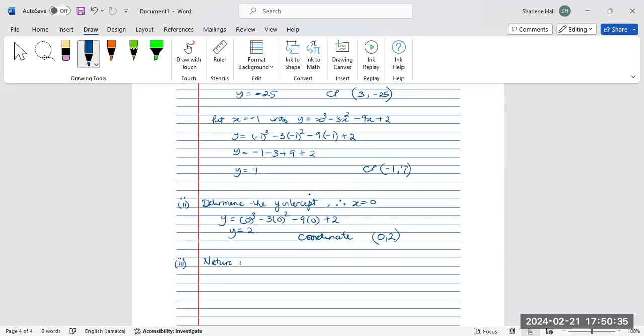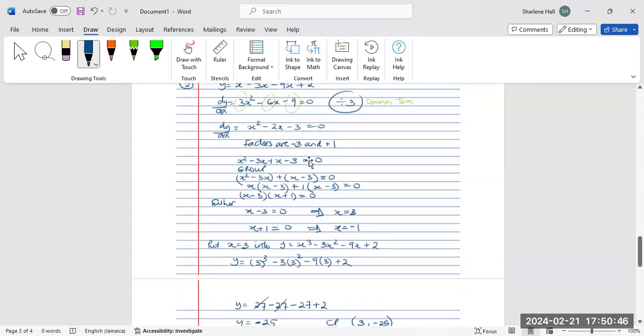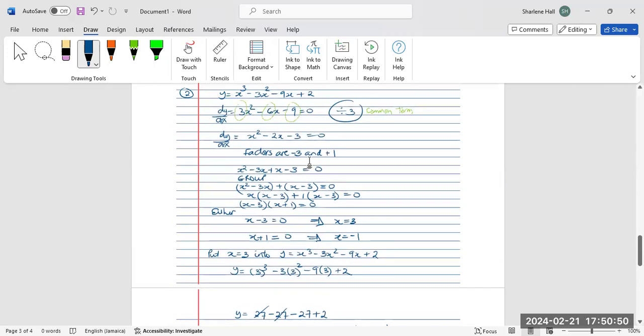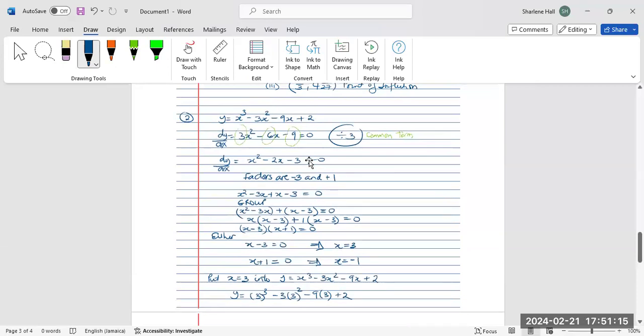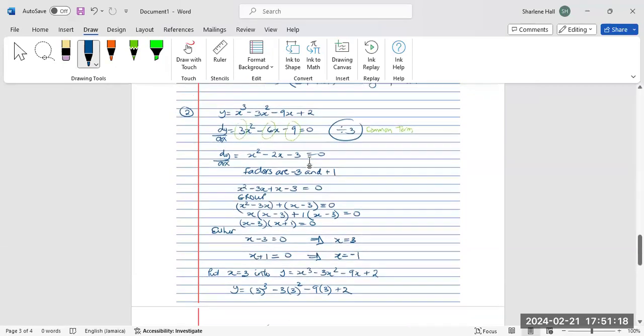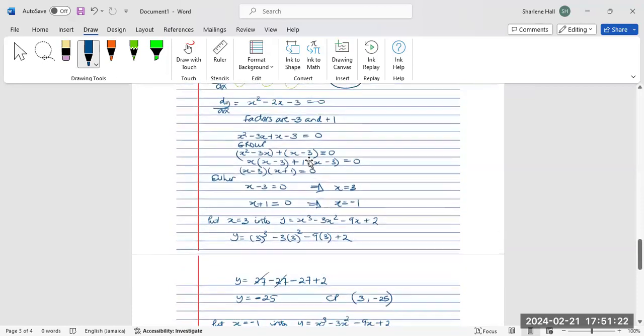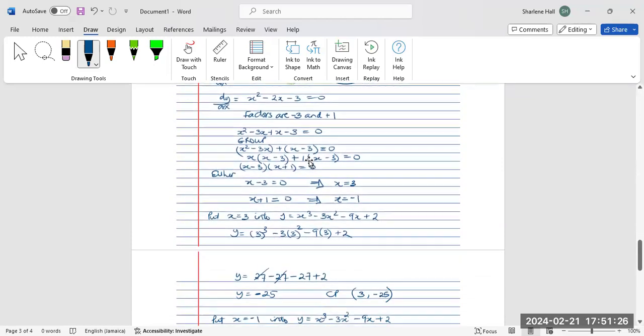Nature of the critical points. dy by dx is equal to x squared minus 2x minus 3.